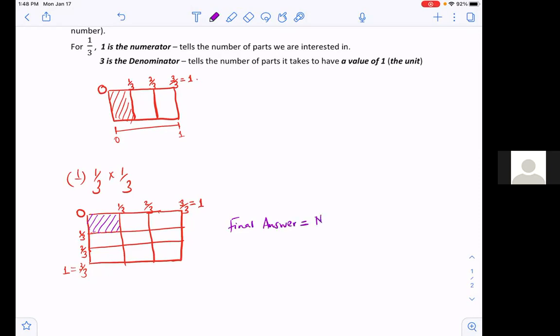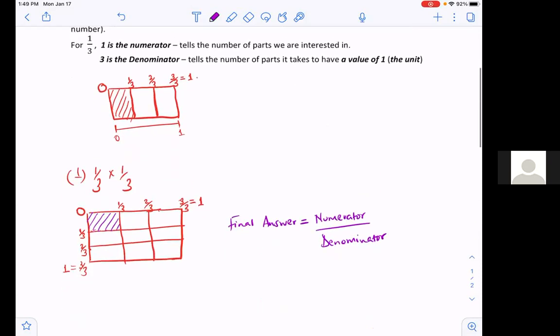which should have a numerator and a denominator. So as we have highlighted here, the numerator is the number of parts we are interested in. And actually that one is given by the shaded parts.